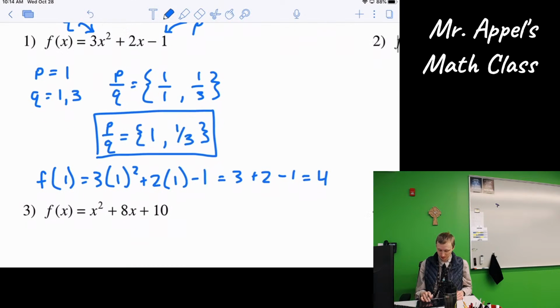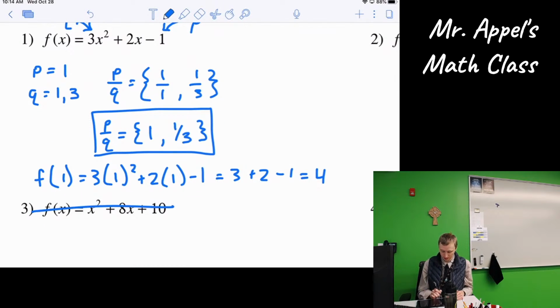How about the other one? While we're here, let's test it. How about f of 1/3? Is that a root?